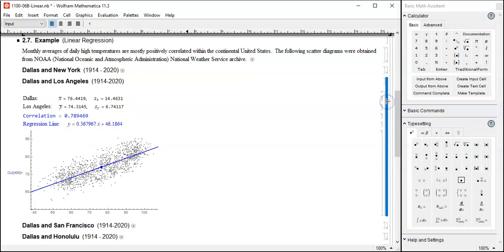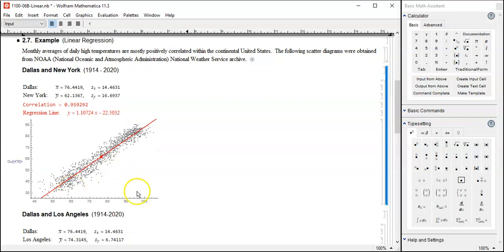This one is for Dallas and Los Angeles. And still we have a nice linear pattern, but a little bit less densely packed. So previously, if you make a prediction, say for example 90 degrees in Dallas, the best prediction for New York is going to be the point on this red line.